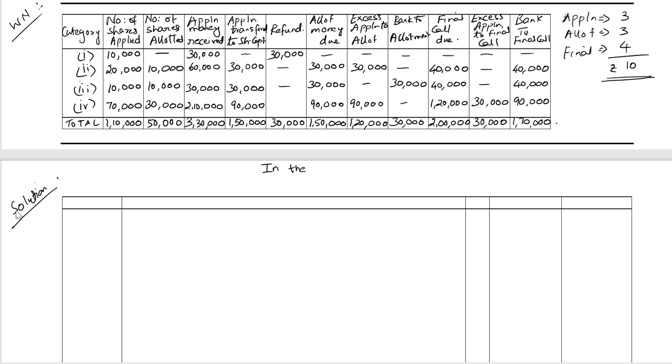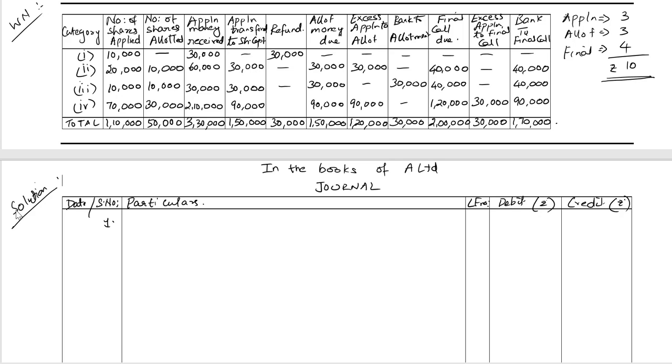In the books of A Limited, journal, date / serial number, particulars, LF number, debit rupees, and credit rupees.